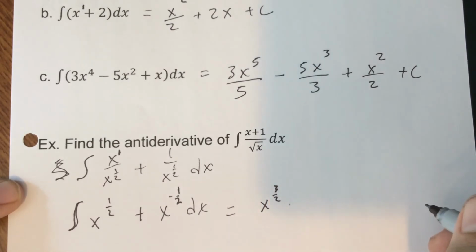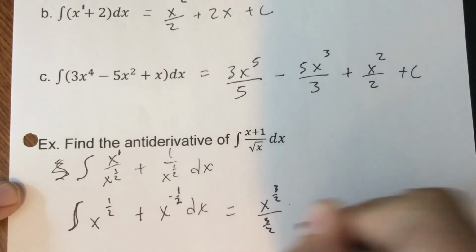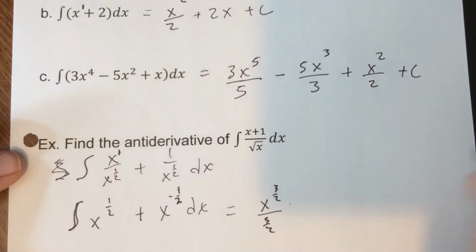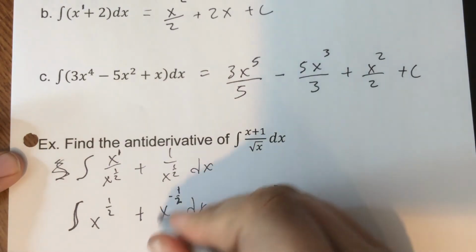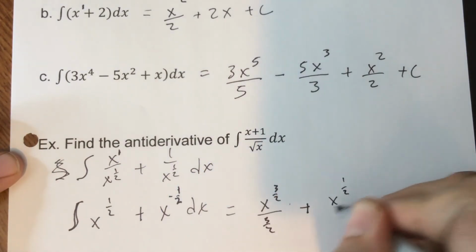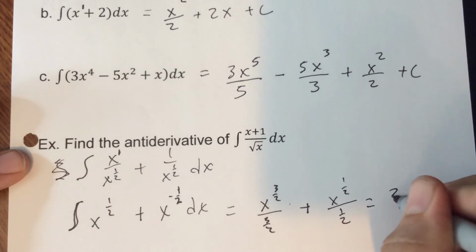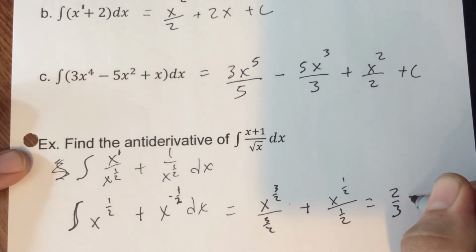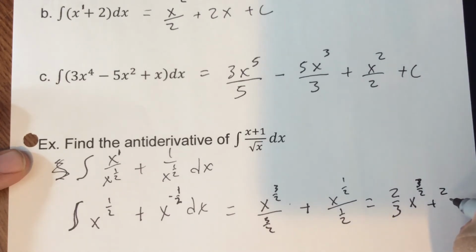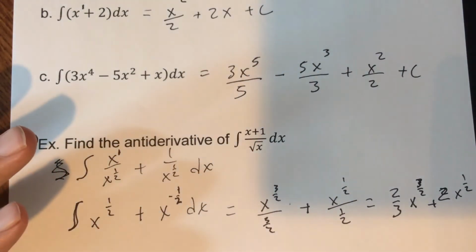We would then divide by 3/2, and we'll do a leave-change-flip in a moment. Here we'd add 1 to make this x to the 1/2. Again, we divide by 1/2. So when it flips, we would have 2/3 x to the 3/2, plus, well, it's just going to be 2 x to the 1/2. And we're going to leave it like that.